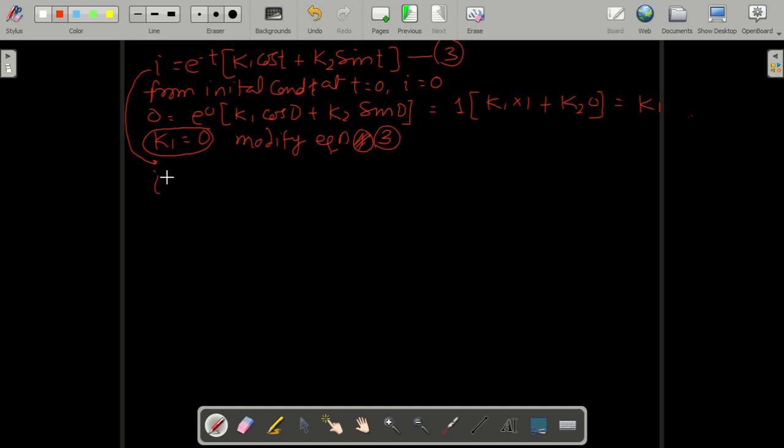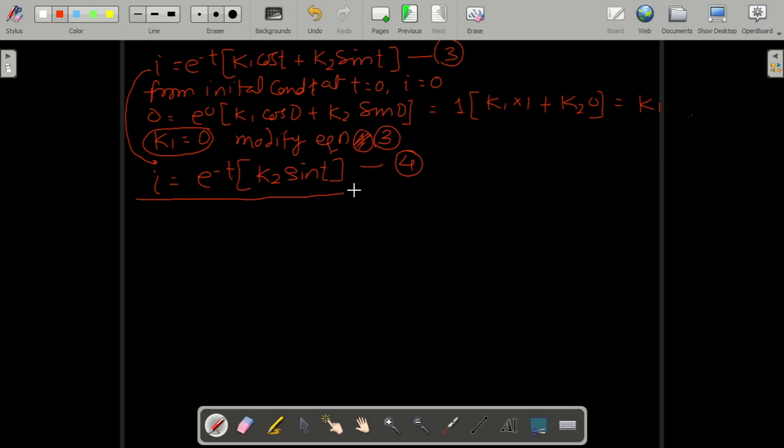I am getting i equal to e raised to minus t, k1 cos t plus k2 sin t. The value of k1 came as 0, so that term becomes 0. So i equals e raised to minus t, k2 sin of t. I got equation number 4, the modified equation. That is a solution. Again it is in terms of k2, so it is a general solution, but k1 is 0.